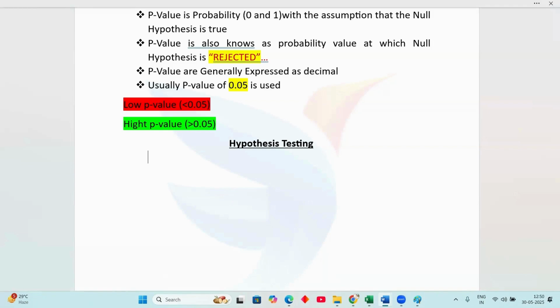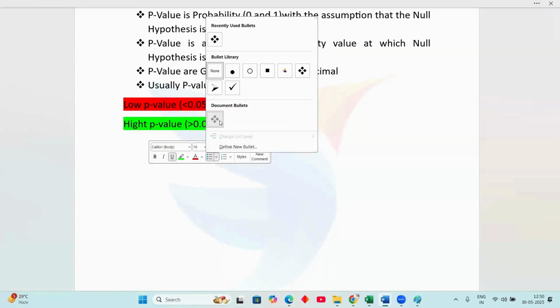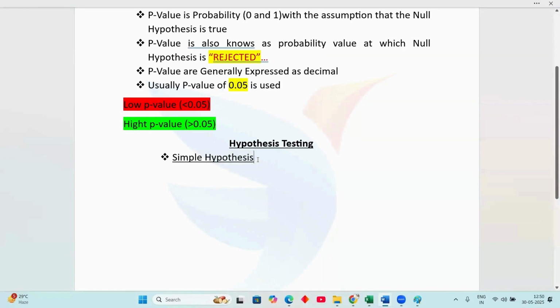In hypothesis testing, we have two types: the simple hypothesis and the composite hypothesis.